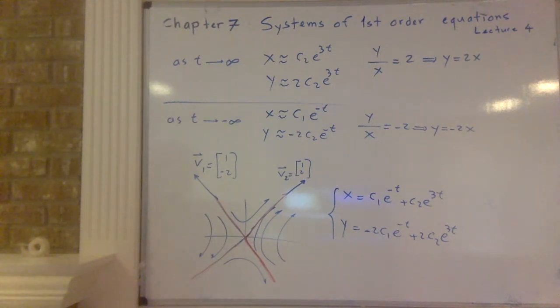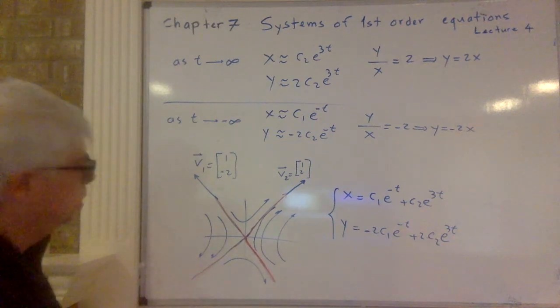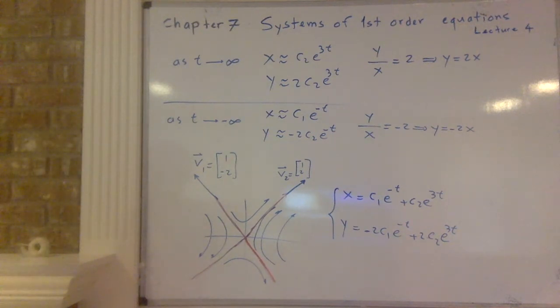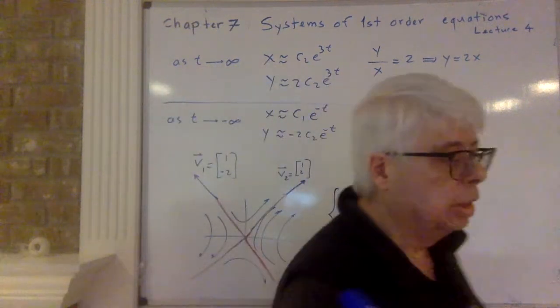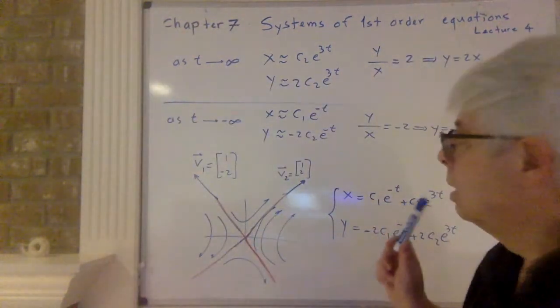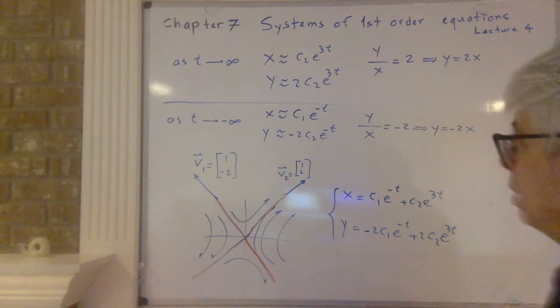So these two asymptotes are lines that go through point 0, 0 and are in the direction of the two eigenvectors, 1, 2 and 1, negative 2. Okay, so when you draw the picture, if you have lambda 1 and lambda 2, where one is positive and the other is negative, so they have different signs, then this happens.